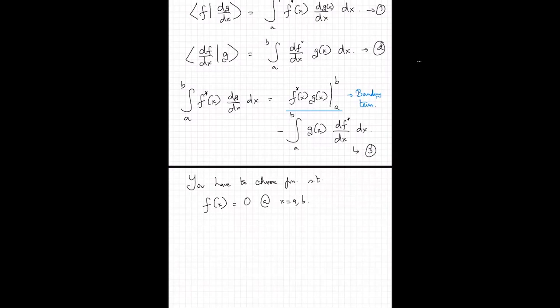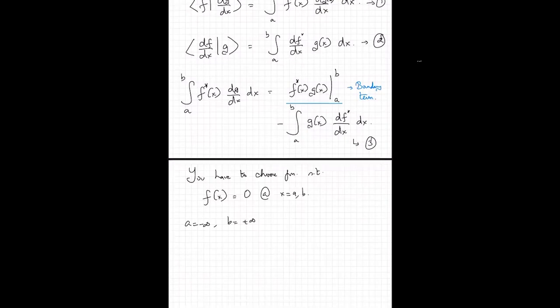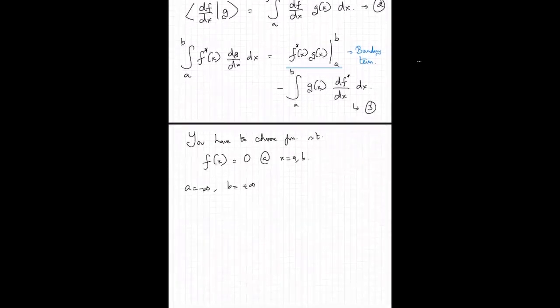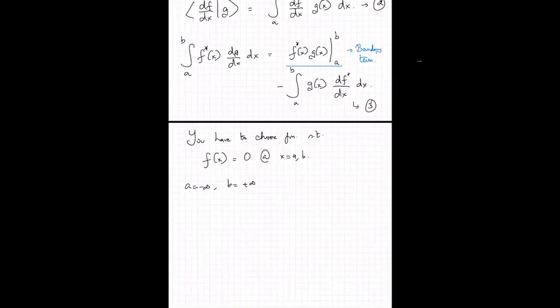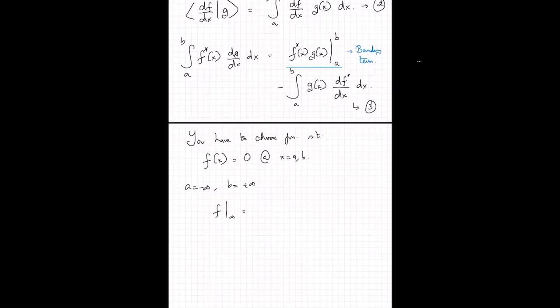Now, if a were minus infinity and b were plus infinity, then this is trivially satisfied, because as long as I choose functions that are normalizable, whose length does not blow up, then f at plus infinity and f at minus infinity are always equal to 0 for normalizable functions.